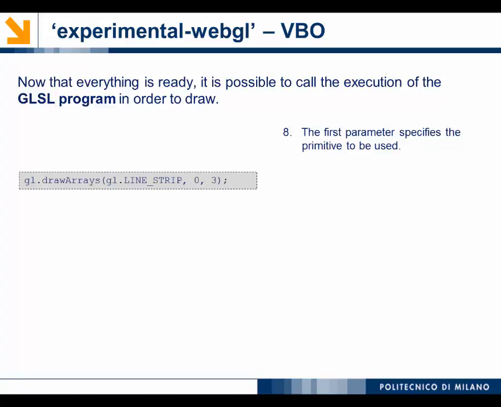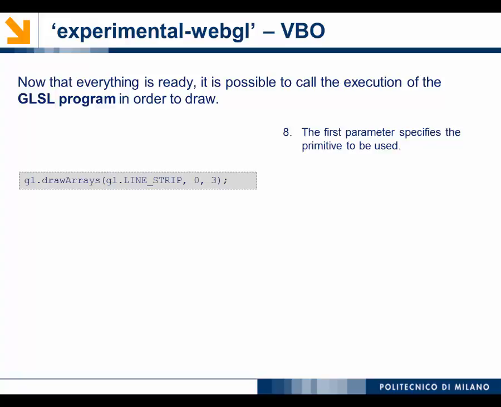And here I specify with GL draw arrays that in this case I want a line strip. I have 3 vertices, so the first and the second are going to be connected, the second to the third. And since this is not a loop, I will see just 2 sides of my triangle.